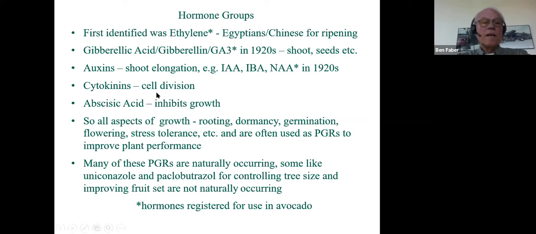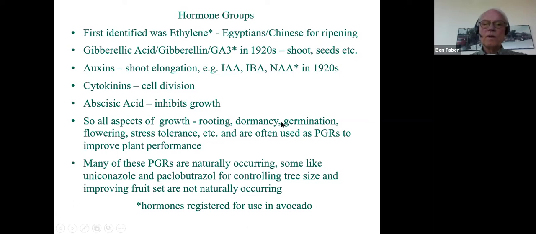Cytokinins have been identified as increasing cell division. Abscisic acid has been identified in inhibiting growth. Ethylene affects leaf drop and fruit drop. So all plants have got these 5 hormones in them, and they come in different concentrations and different ratios. They all affect some aspect of plant growth.